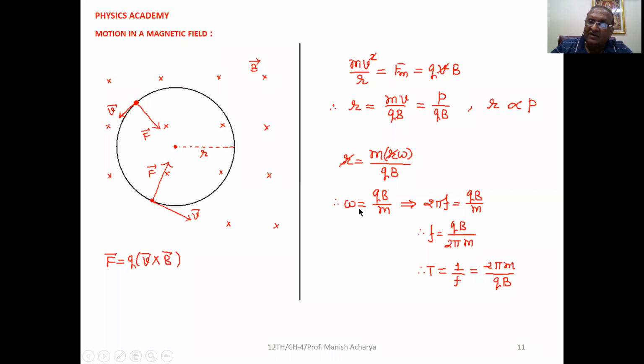And that constant angular frequency or frequency are given by these equations. Clear to all of you?